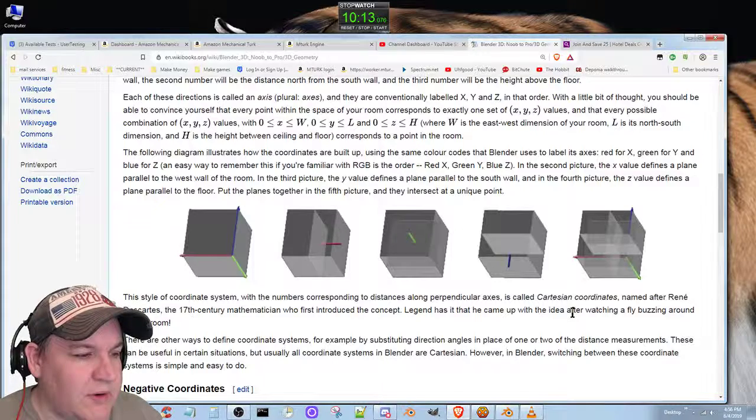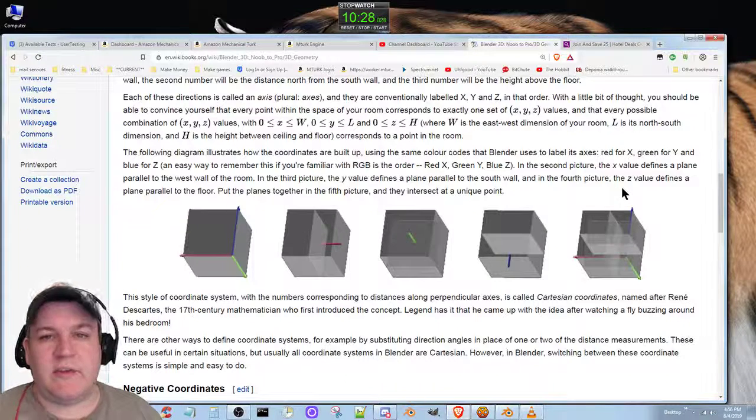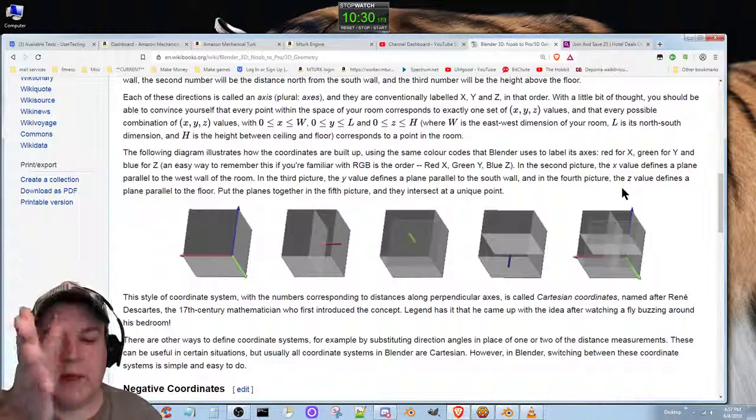Now, the one thing that I always want to know is, I know what they said about Z defining a plane parallel to the floor, because I always thought Z was into the screen or back from the screen.